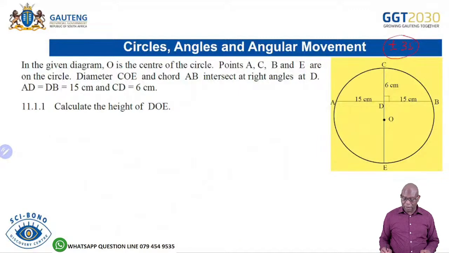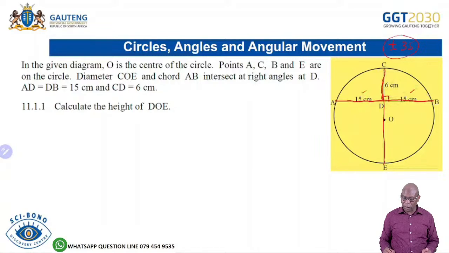Points A, B, C, E are on the circle. Diameter COE. Can you see there's a diameter there, COE, and the chord AB is also given there. Can you see they've even made life easy for you to say this is 90, that's 15, that's 15. Then CD is 6, so the length of that is 6.